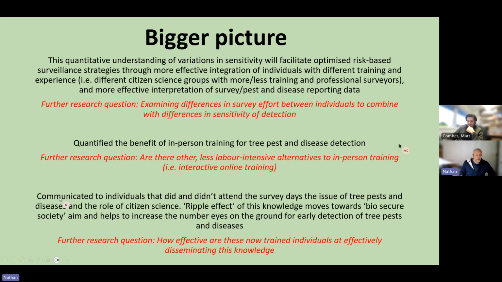We've communicated with lots of individuals that either attended or didn't attend pest and disease surveys previously. Hopefully we've raised awareness of Observatory, but also of the wider use of Tree Alert for problems that you may come across on your trees or trees you're passing.